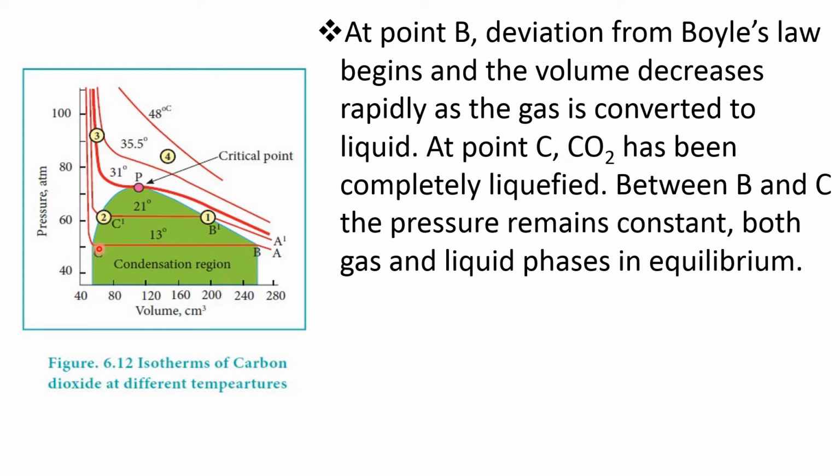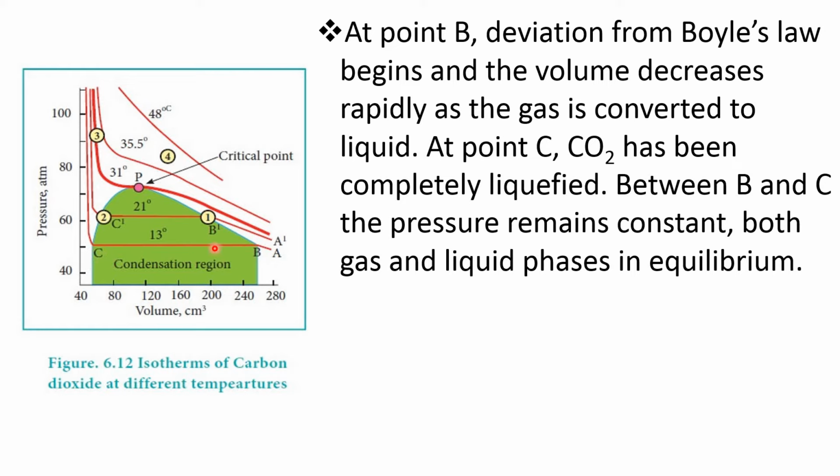So at point C, the gas is completely converted to liquid. And what is between B and C? Between B and C, the pressure remains constant and the gaseous phase and the liquid phase are in equilibrium. So it started from B when it was completely gas, then ends at C in this isotherm portion BC when it is completely liquid.